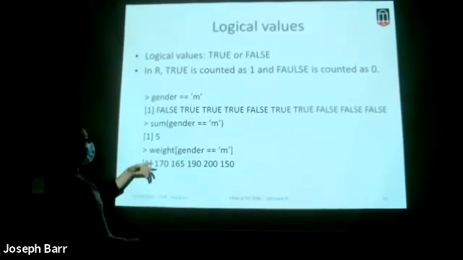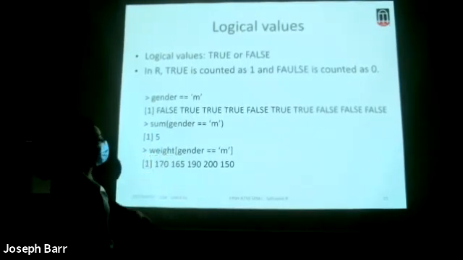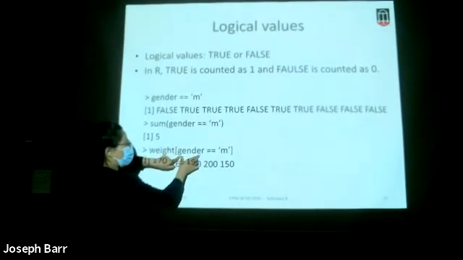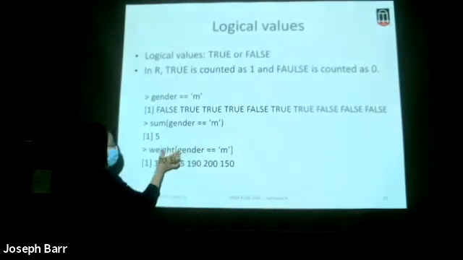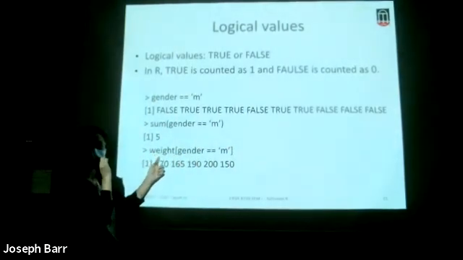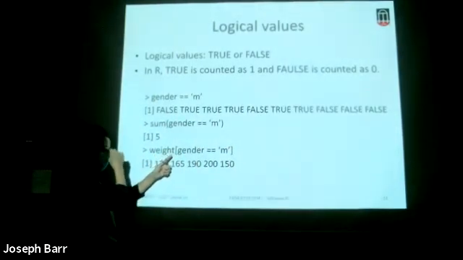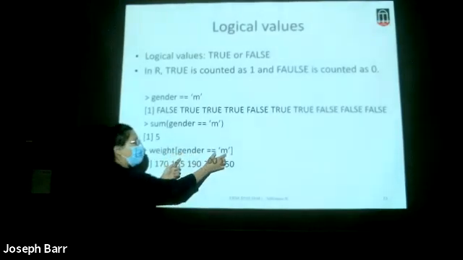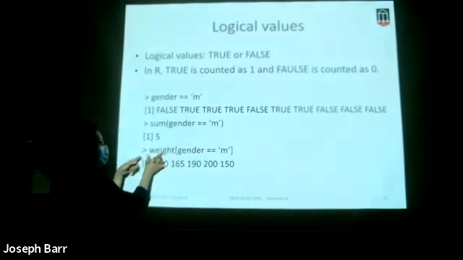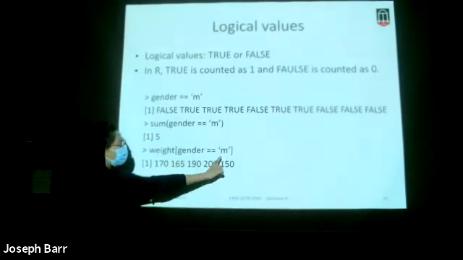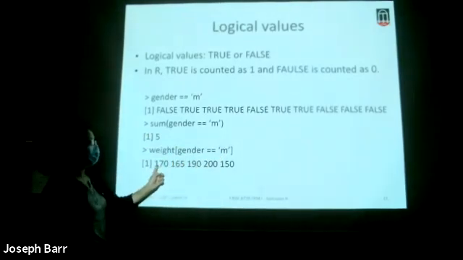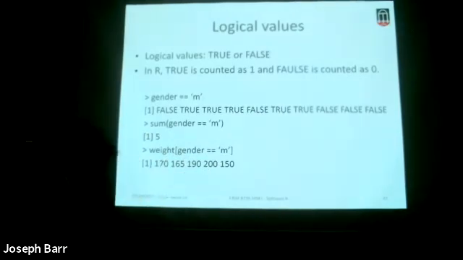And also weight, we can do the comparison. So the gender is male. For those participants, I want to take out the weight information. So here, I specifically pick the male, and then this information is for male participants. So that's only for the male group.